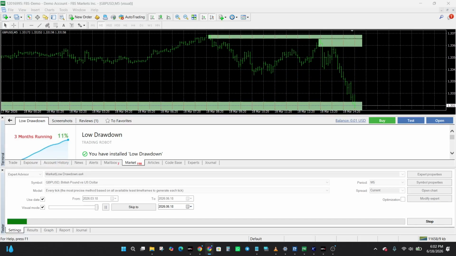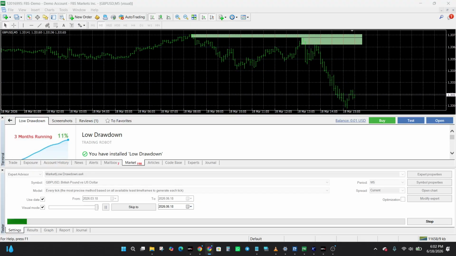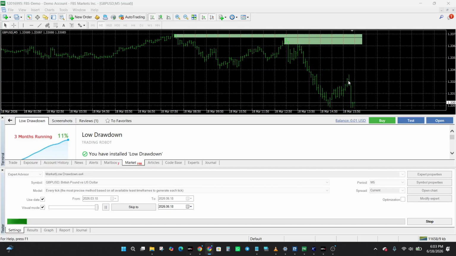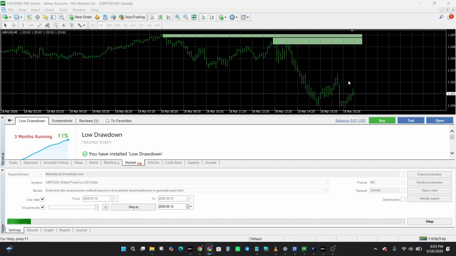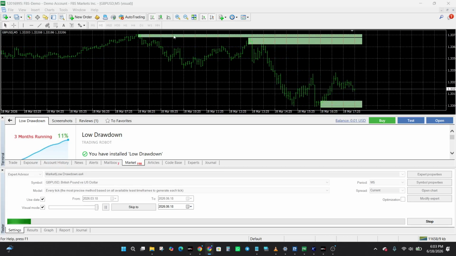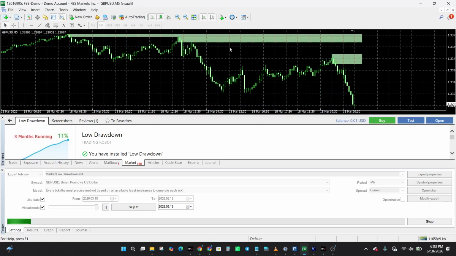That way you can get a more comprehensive understanding of how the EA behaves across varying market conditions. Now, looking through the historical chart activity, we can observe where the EA enters and exits positions throughout the test period. Since the developer identifies the strategy as a true order block approach, I can see that the EA seems to be identifying order blocks already on the chart.